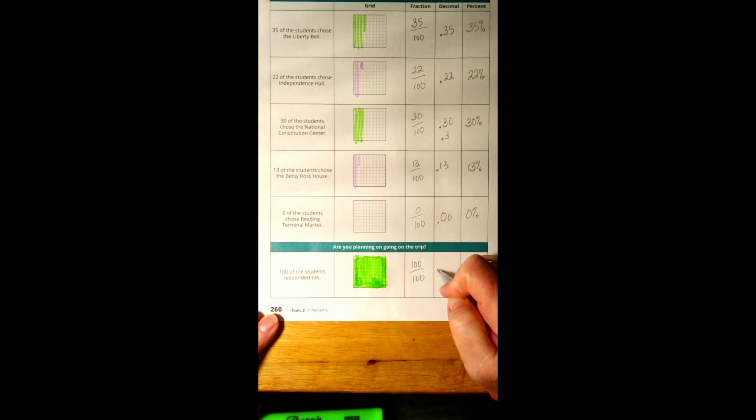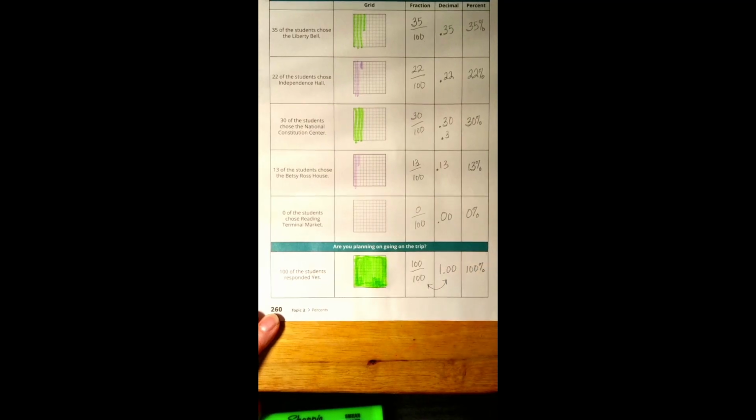As a decimal, it's 1.00. And as a percent, it's 100%. I can link this right back to here because isn't 100 over 100 the same as 1? Yes, it is. Okay, I'm going to pause so that I can flip on to the next page and we'll pick it back up.